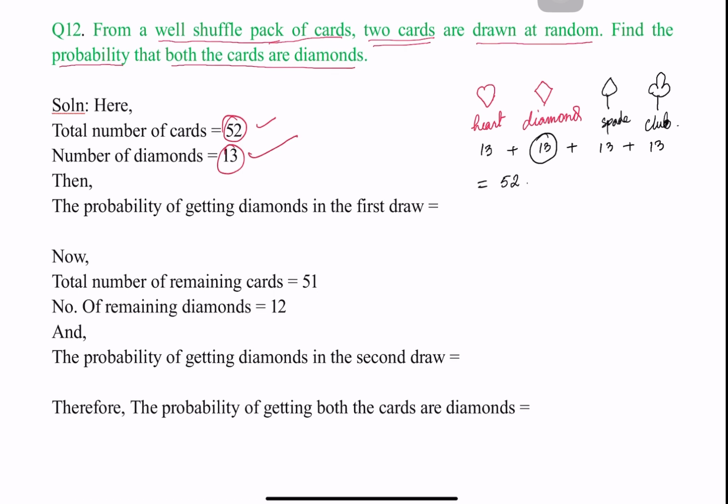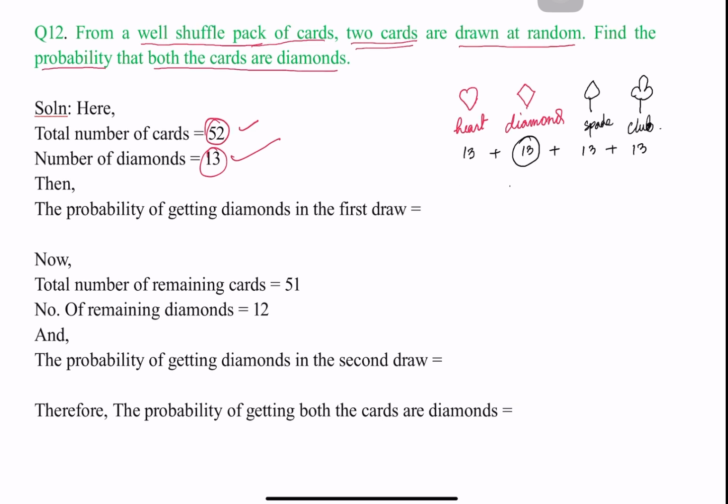Then we have to first find out the probability of getting a diamond in the first draw. So we know the formula, that is number of favorable outcomes divided by total number of outcomes, equal to 52. The probability of getting a diamond in the first draw is the number of favorable outcomes for diamond divided by the total number of cards.